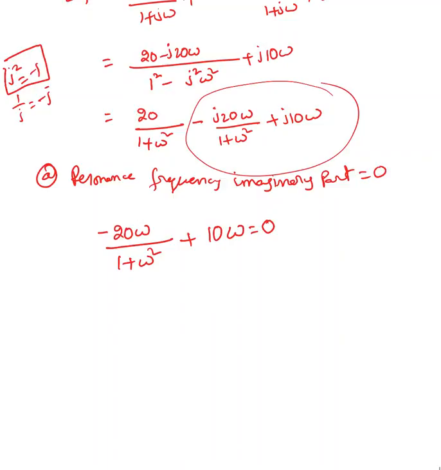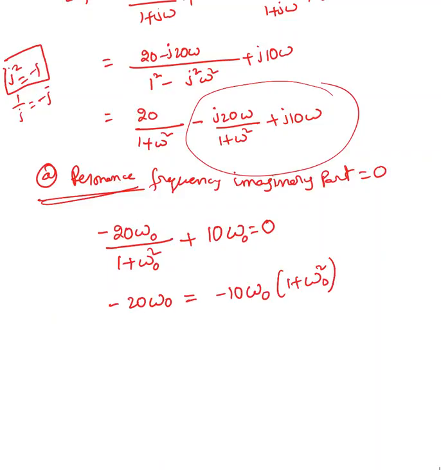So once I make that imaginary part equal to 0, I'm saying this is the resonant frequency, so we call this omega naught since we are finding omega naught. So minus 20 omega naught equal to minus 10 omega naught times 1 plus omega naught square.